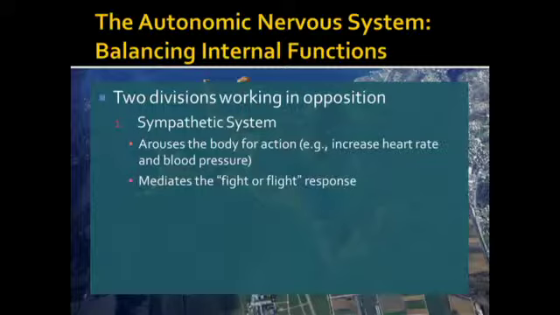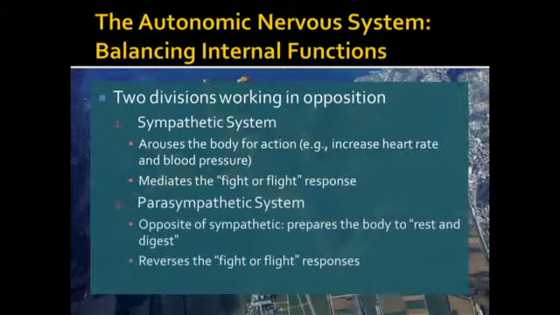So in the face of a real or perceived stressor, this is a system that activates the organism to deal with the stressor. The parasympathetic nervous system, which is the opposite side of the seesaw, is the one that's the rest and digest. And remember, it reverses the fight or flight response.